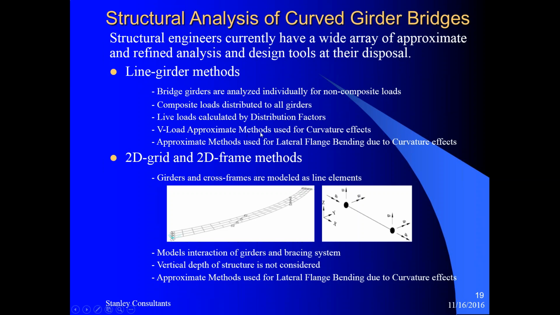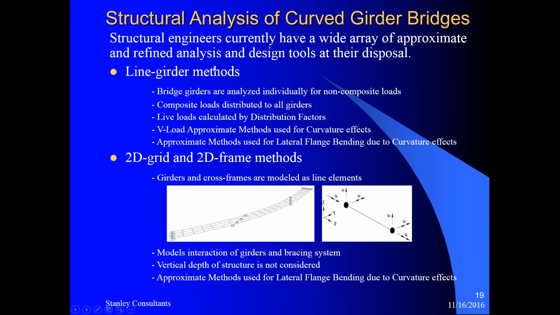Using the V-load method, you can add the curvature effects with the line girder method, as we discussed previously. And then we can use the approximate methods for the flange bending, warping normal stresses. That's the easiest way.